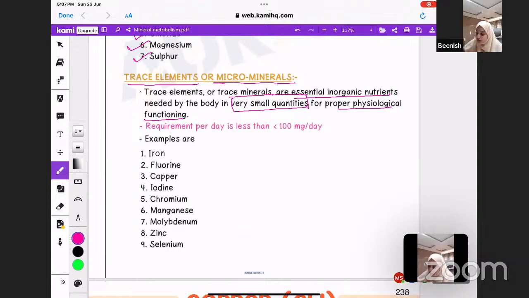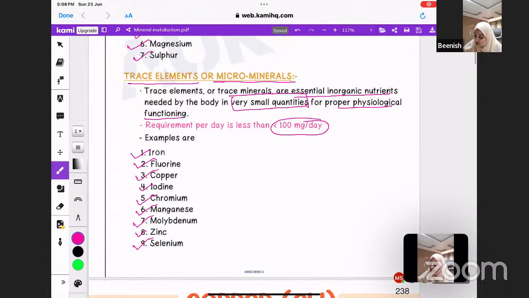And what is the requirement? It is less than 100 micrograms per day. Examples include iron, fluorine, copper, iodine, chromium, selenium. So that was the difference between your major and trace elements.